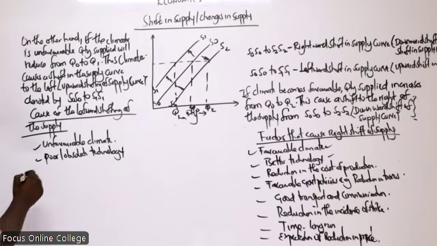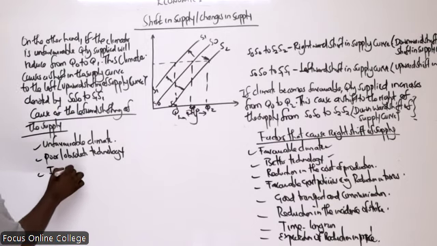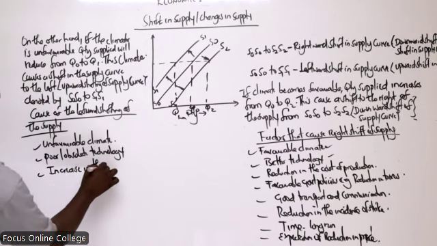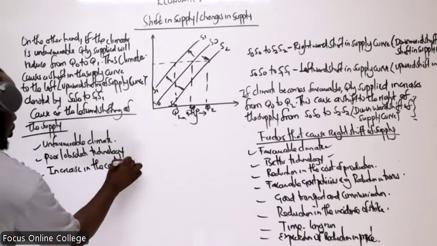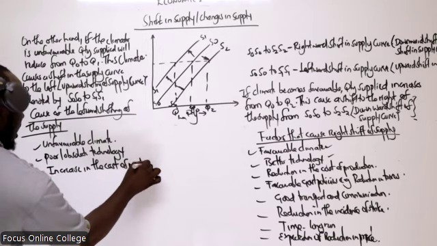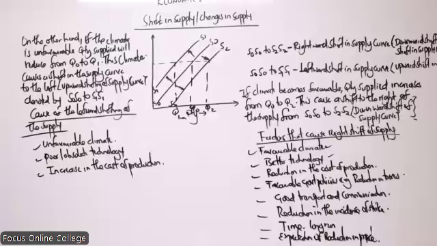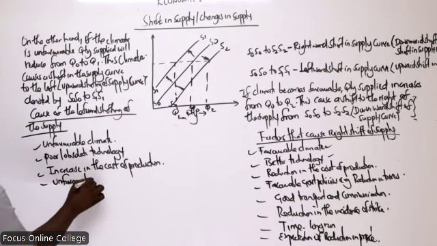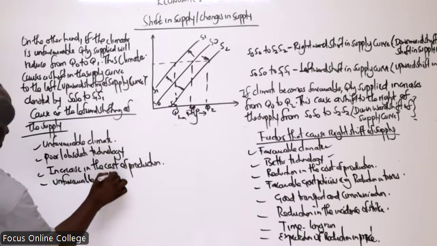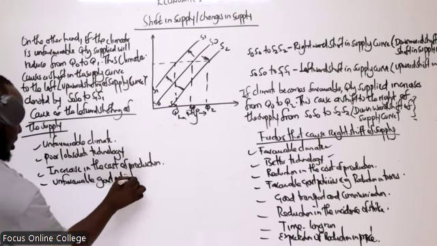So then we have the next: an increase in the cost of production. Then you have unfavorable government policies.